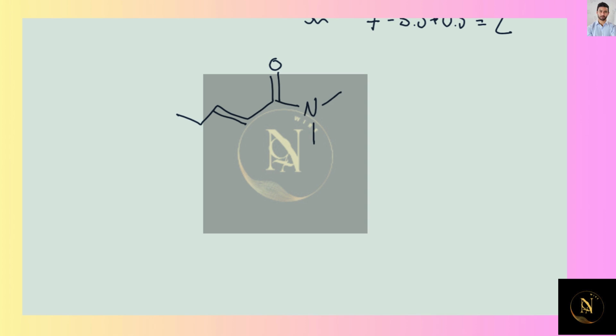We could do something similar where we extend one of these chains on the nitrogen. Let's make this an ethyl group and a methyl group. And then we can put our double bond still here. And then we could maybe try doing something with a ring structure, like a cyclopropane.